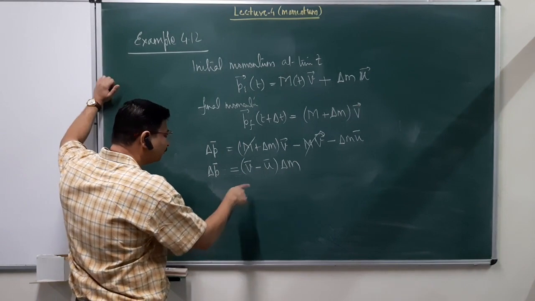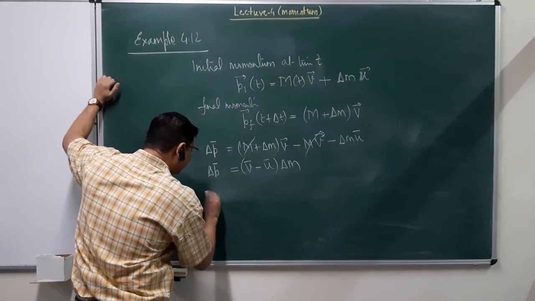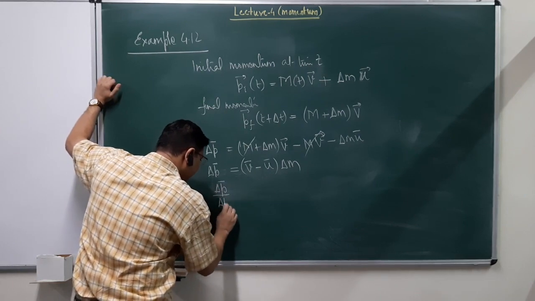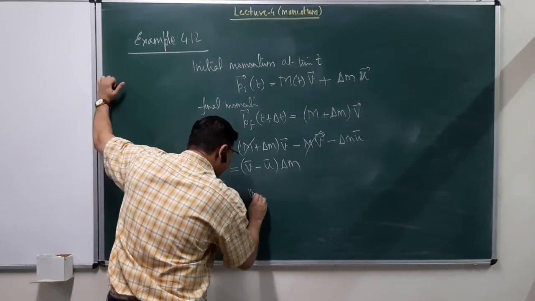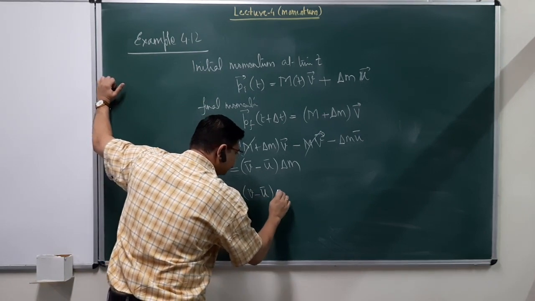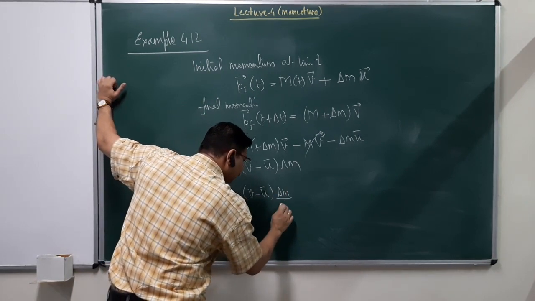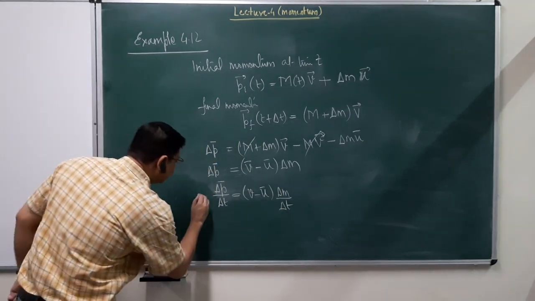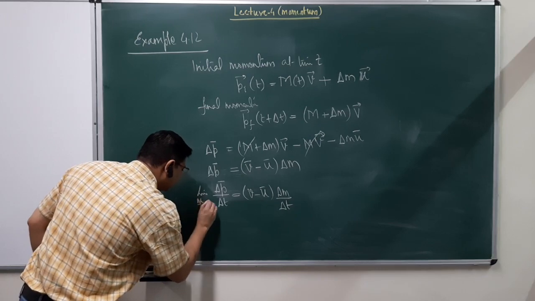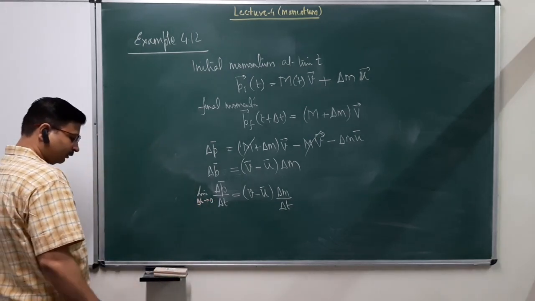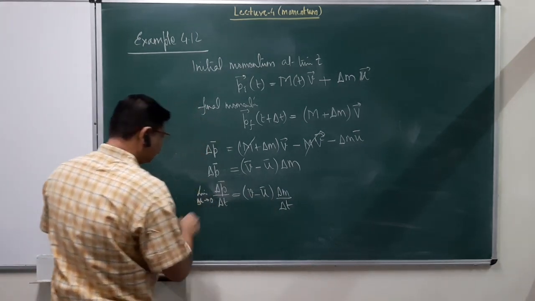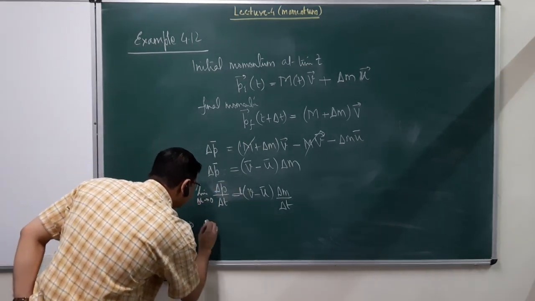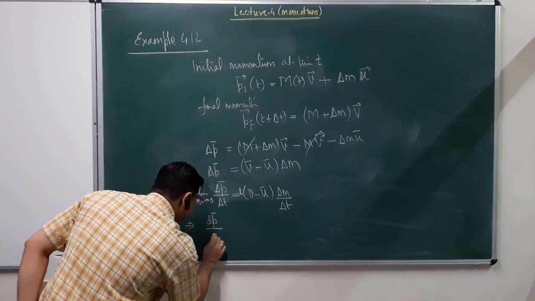So I can divide both sides by delta t, and I get delta p over delta t is (v minus u) delta m over delta t, in the limit delta t tends to 0. So in a very, very short interval, the same limit on this side, this will become dp over dt.